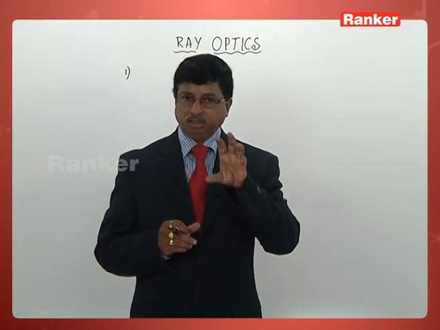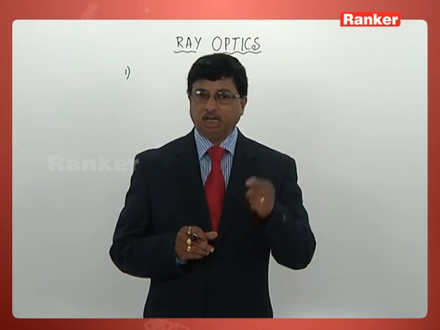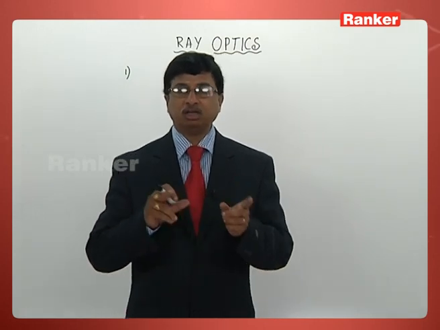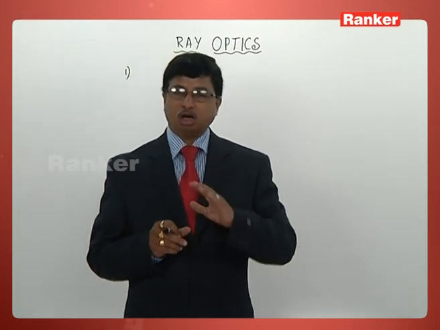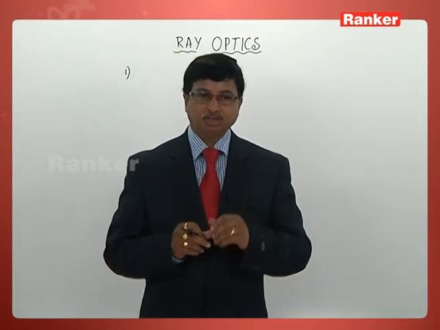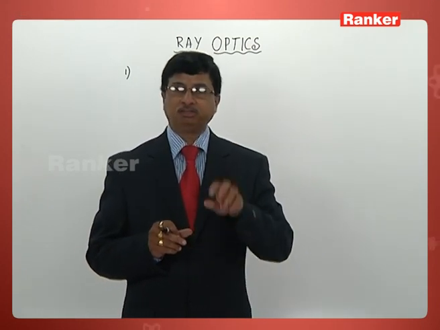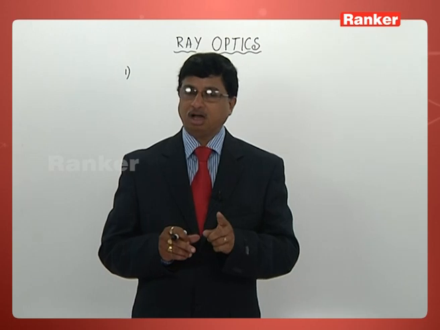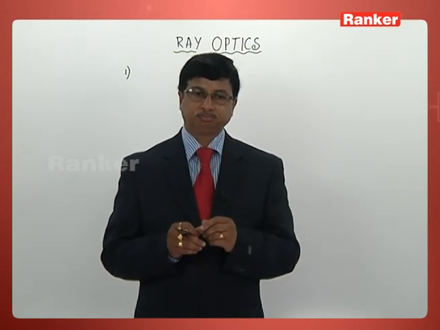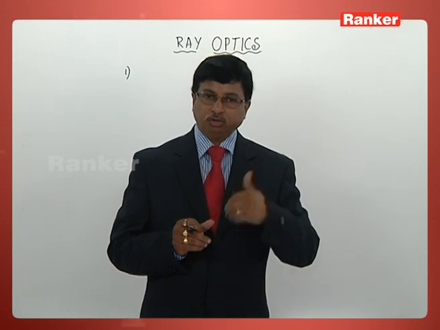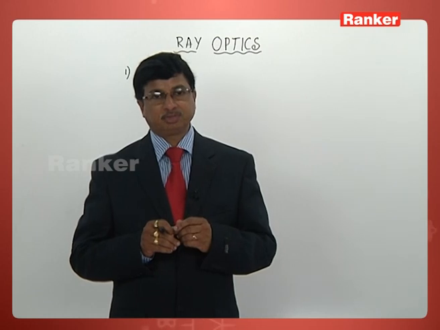While discussing real image formation in the case of a concave mirror, object distance u, image distance v, and focal length f, all three are taken against the direction of the ray of incidence. So naturally, all three values are to be taken with a negative sign.